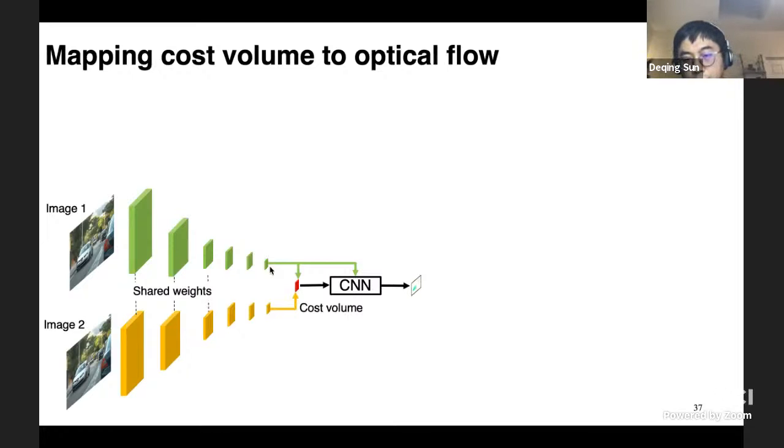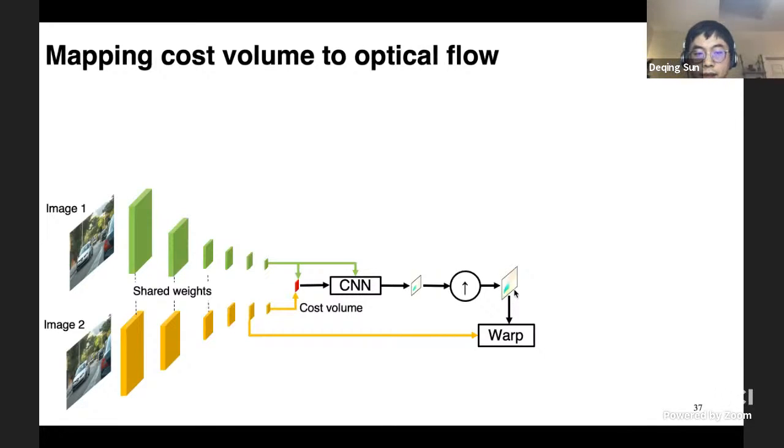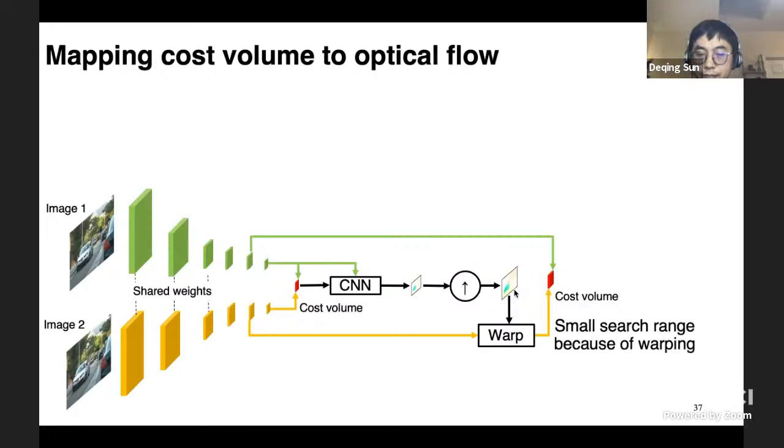And then we can upsample the optical flow. And at the current step, we use the optical flow to warp the features of the second image. And recall, warping can compensate the majority of the motion. And then when we build up the cost volume, we can also use a very small search range. So that can also reduce the computation and the memory cost.